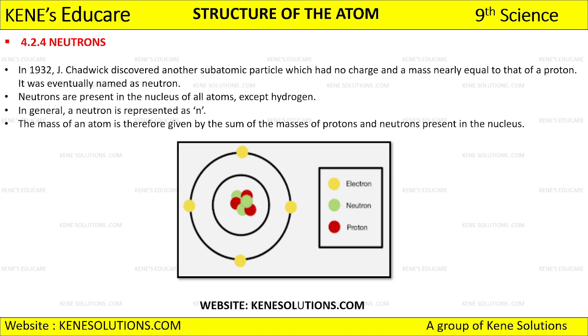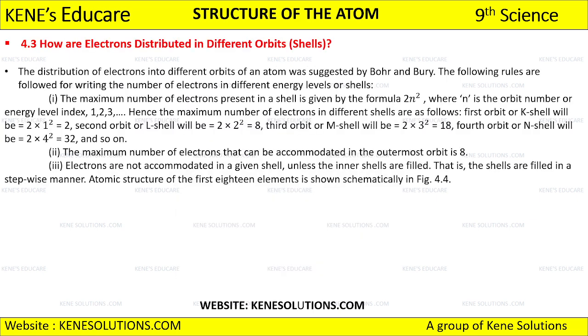Now we know the nucleus contains protons and neutrons, right? So we already have information on electrons and protons, and we'll discuss neutrons as well in detail.